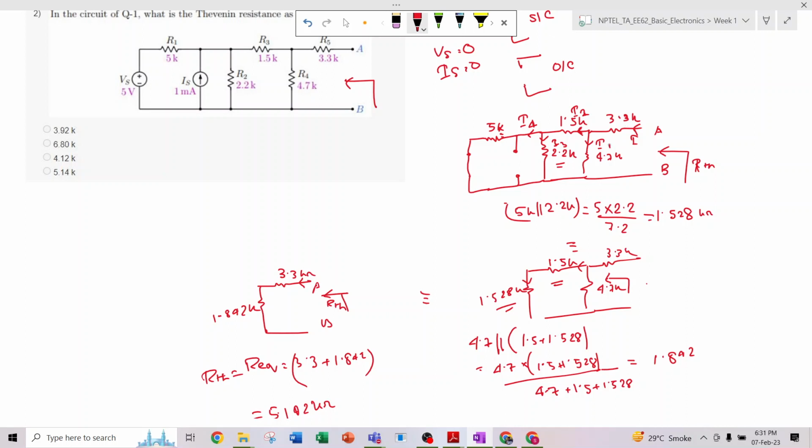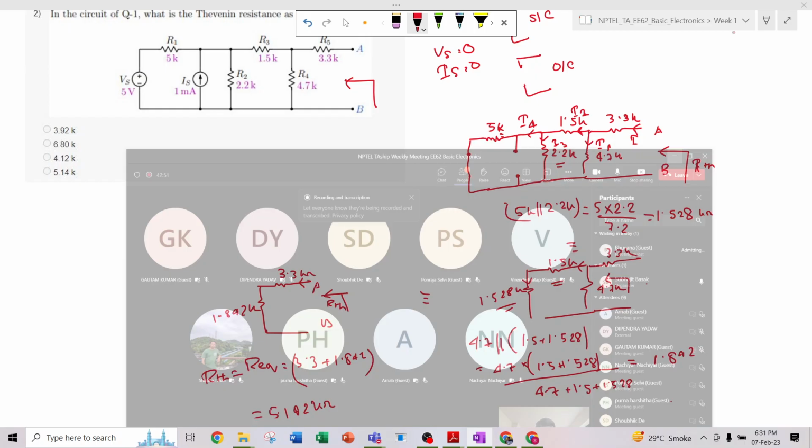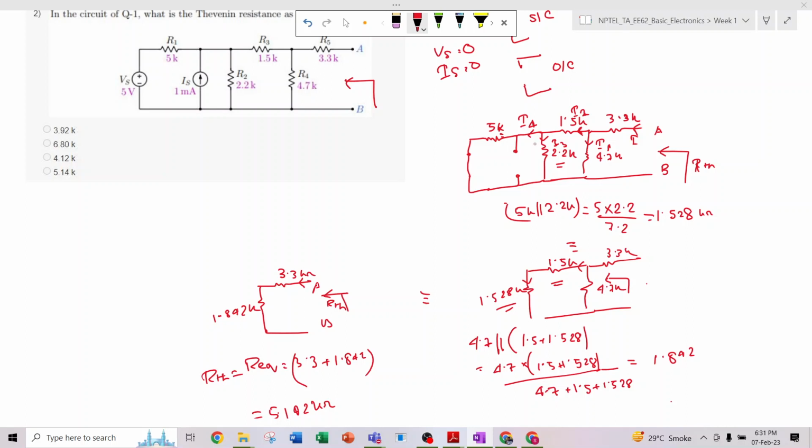So basically it is I1, I2, I3 and I4. This current is dividing, and I4 and I3 will again make I2, and I2 and I1 again make I.